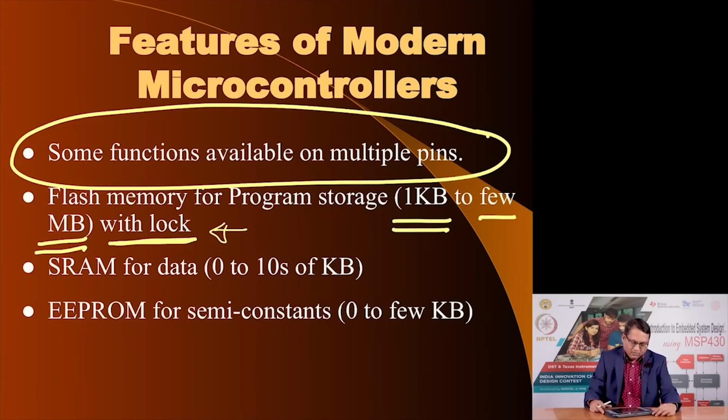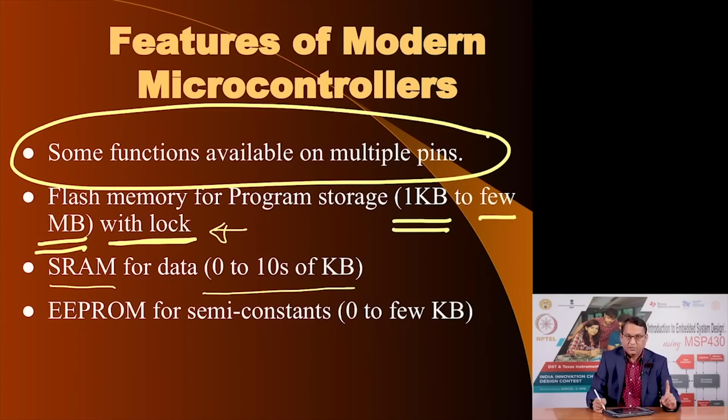Then these microcontrollers have SRAM, which is used as data memory, and the amount of SRAM available on these microcontrollers ranges from 0 kilobytes, that means no memory at all, to tens of kilobytes.